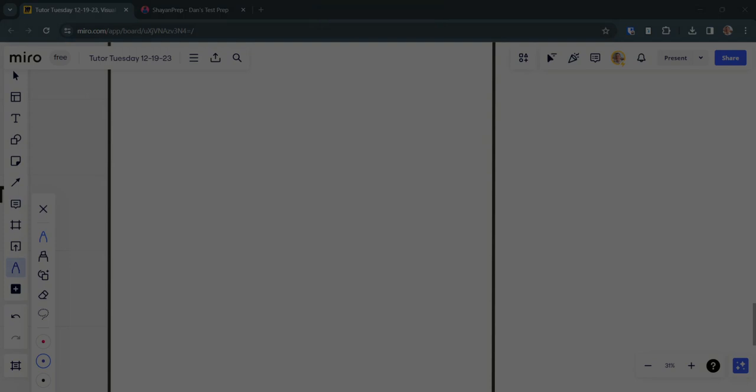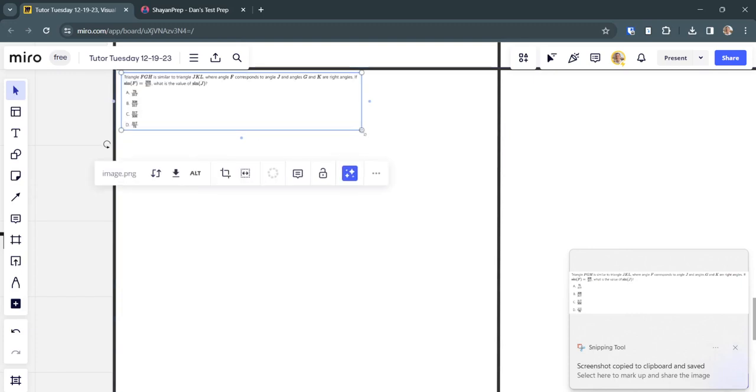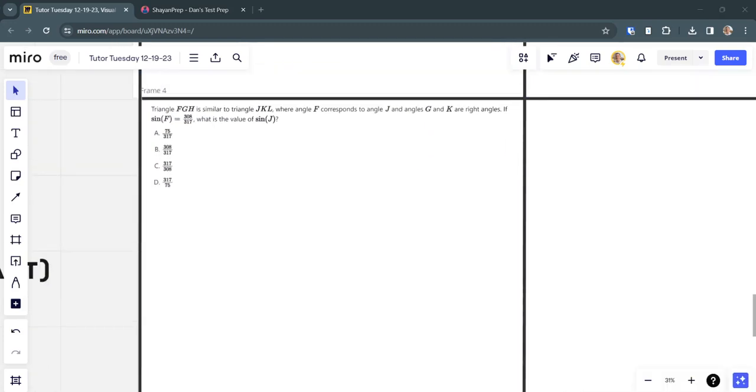This right here might be something that you would see on the SAT. That's characterized as a medium difficulty question.